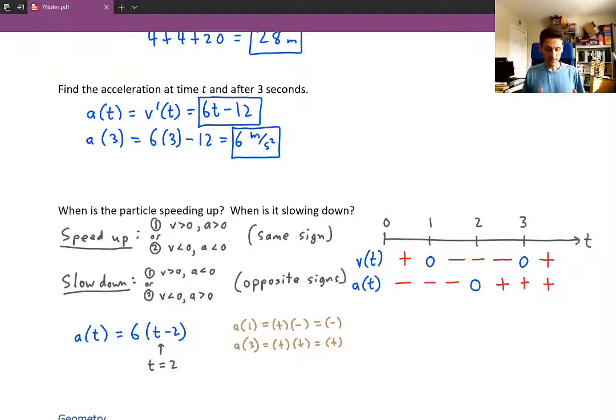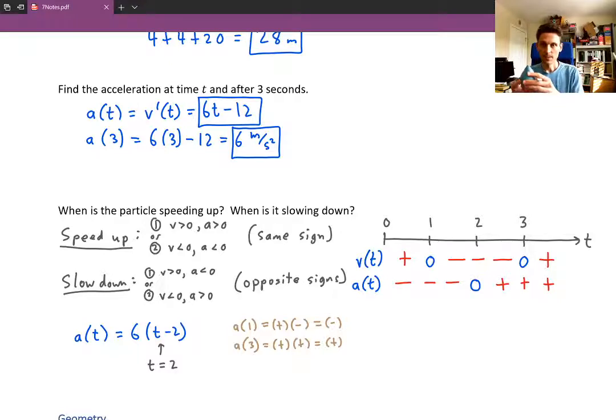So now we've got a table here that shows the sign of velocity and acceleration on each time interval. For example, from t equals 0 to t equals 1, velocity is positive and acceleration is negative. So since they have opposite signs on that interval, we can say that the particle is slowing down.